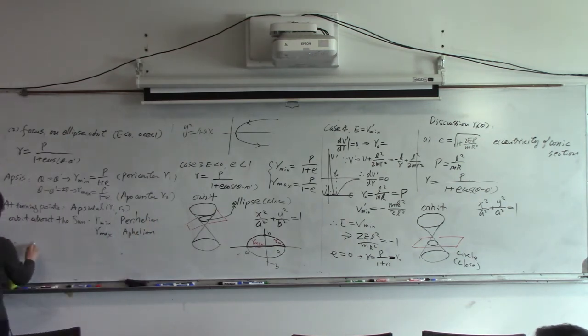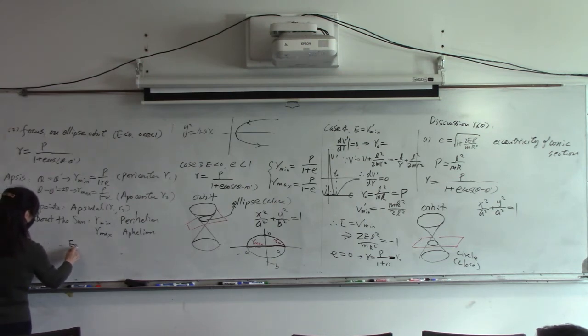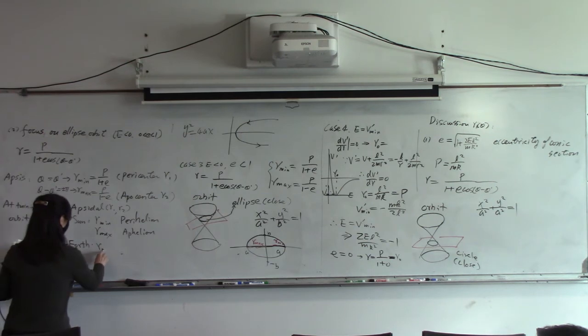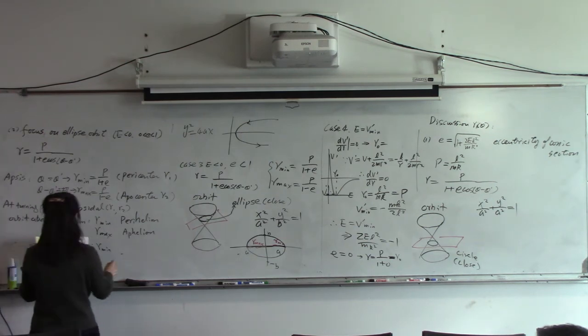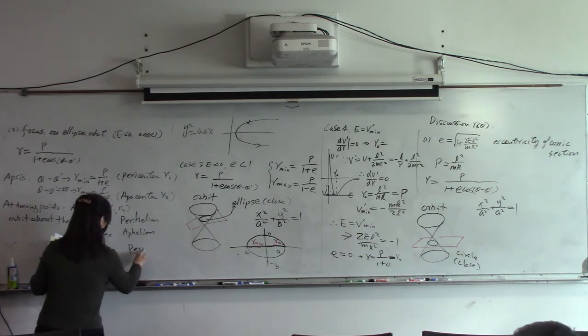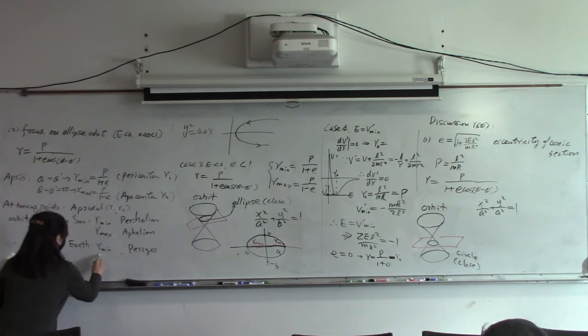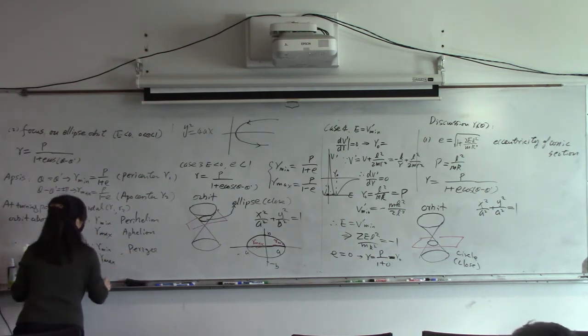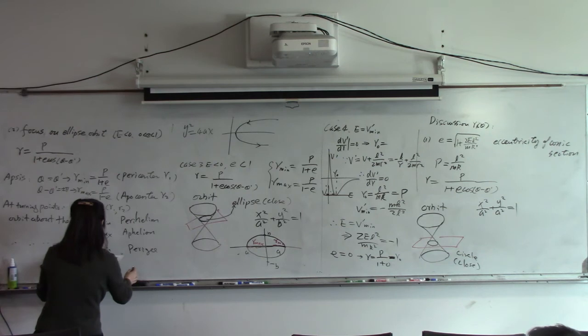If the orbit is like the moon around Earth, another name for R minimum is perigee, and for R maximum, apogee.